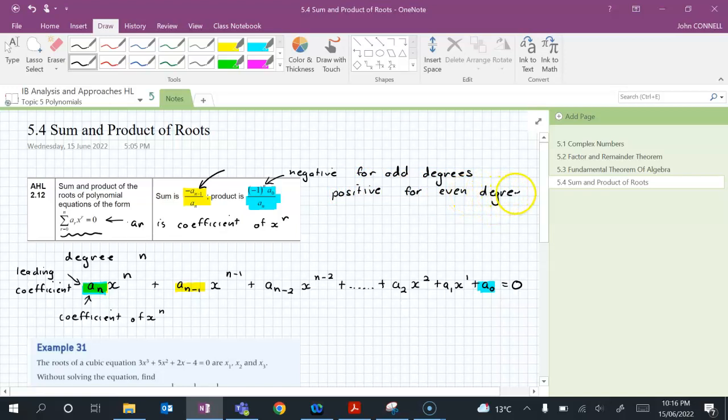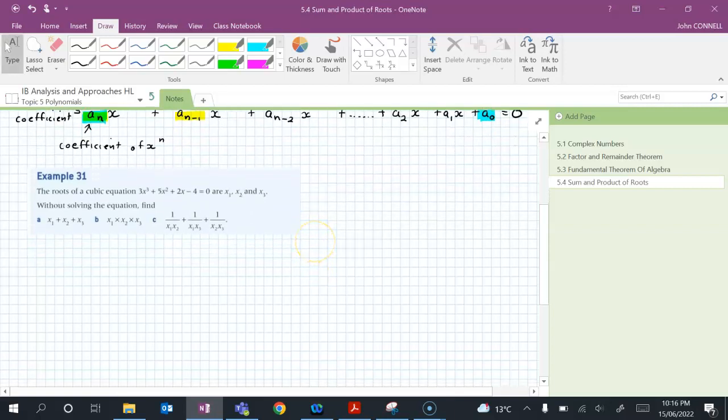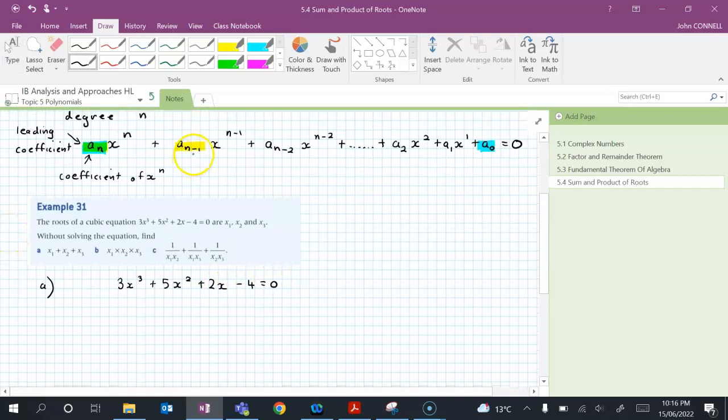Okay, all right. So, the roots of a cubic are x1, x2, x3. Without solving the equation, find the sum. Okay, let's write it out: 3x cubed plus 5x squared plus 2x take 4 equals 0. Now, to find the sum, it was the negative of the next coefficient.